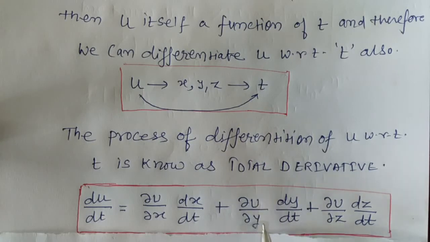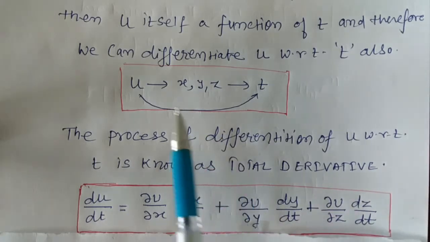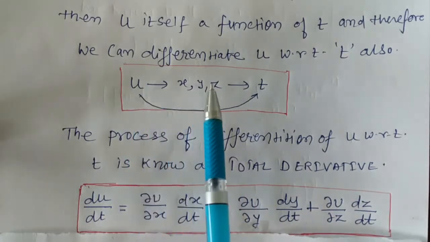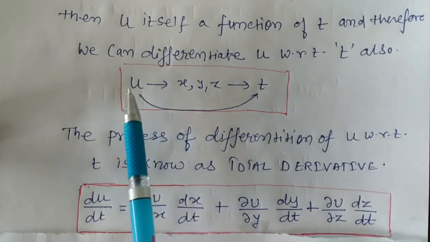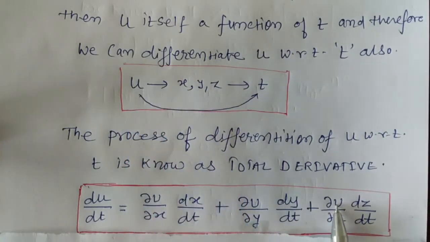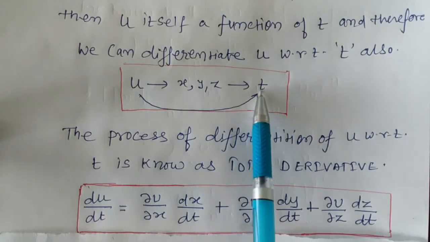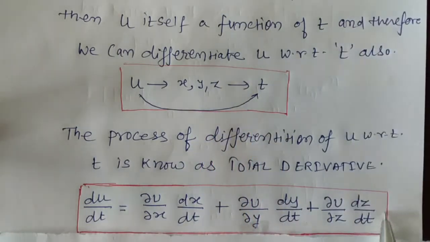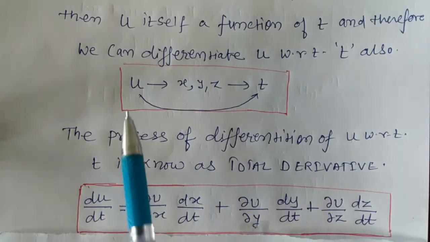So we have del u by del y into dy by dt, plus finally we differentiate u with respect to z partially. So we have del u by del z multiplied by the derivative of z with respect to t, which becomes dz by dt. So this is the representation of total derivative.